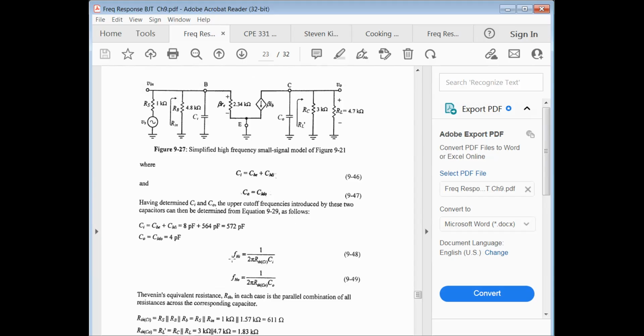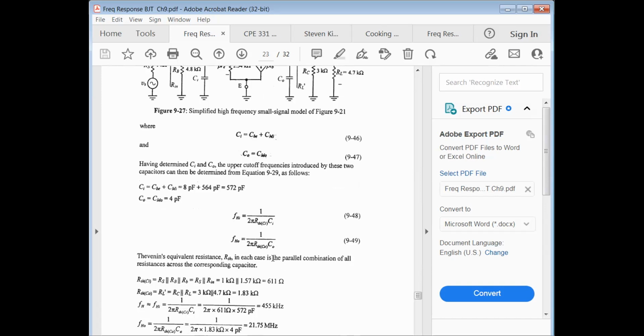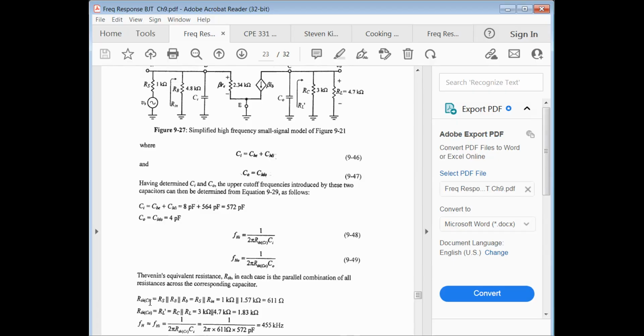So this F sub HI, which is the high frequency pole due to the input capacitor, is 1/2 pi R Thevenin C sub I times C sub I. And the high frequency pole associated with the output capacitor, F sub HO, is 1/2 pi R Thevenin CO times CO. And if we look at this, R Thevenin CI here is going to be basically just beta RE in parallel with RB in parallel with RS, which is 611 ohms.